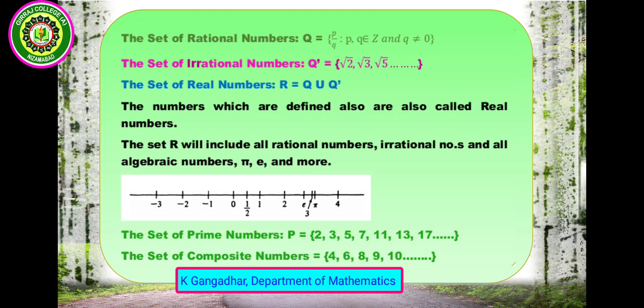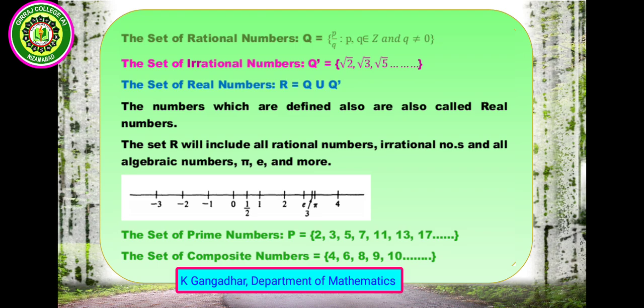So this way we define the total number system. The number system: first natural numbers, whole numbers, integers, next rational numbers, irrational numbers, real numbers, complex numbers. So what is the relation between these? First start with N. All natural numbers are whole numbers. Whole numbers are integers.